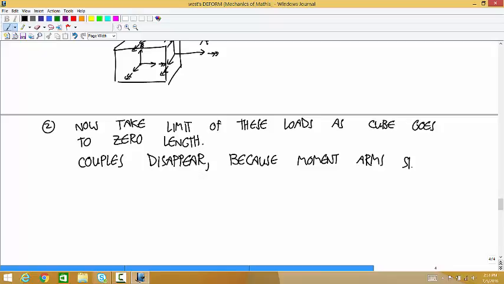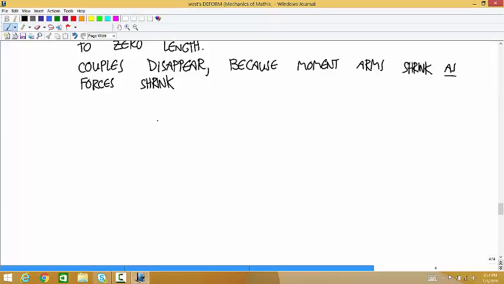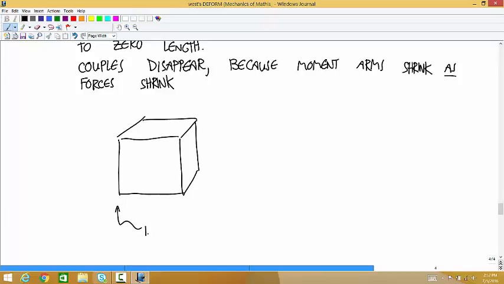So the moment arms are shrinking as the forces shrink. And so what you're left with is an infinitesimal cube, and on every face, the only loads acting are a force per area on each side.